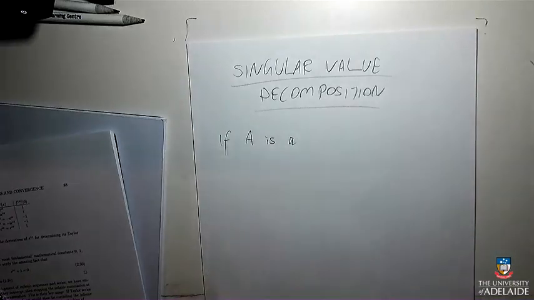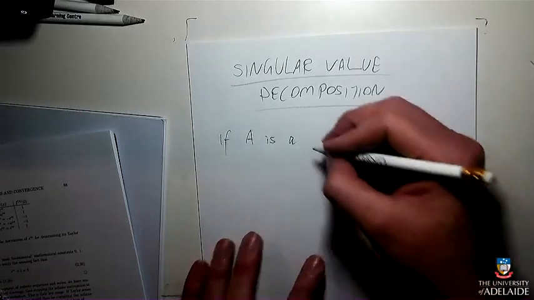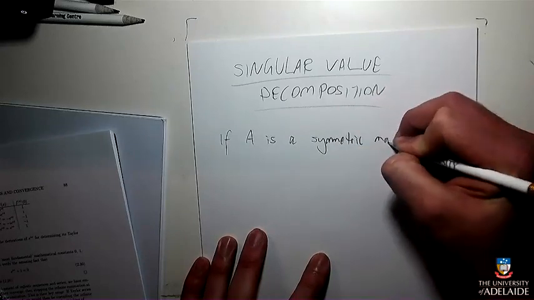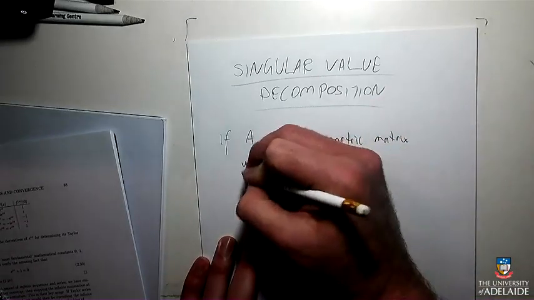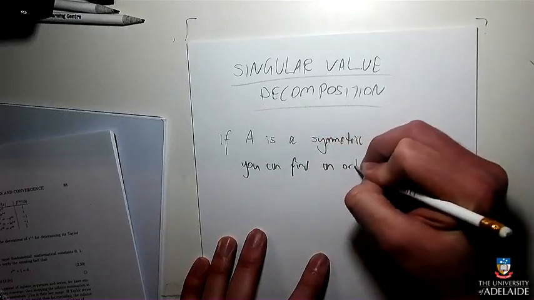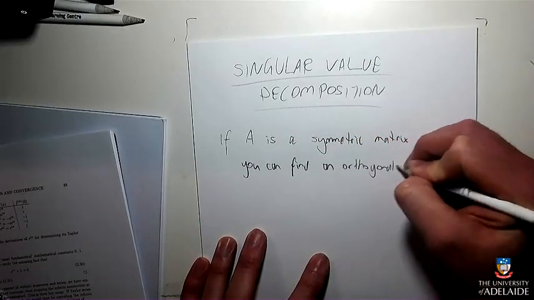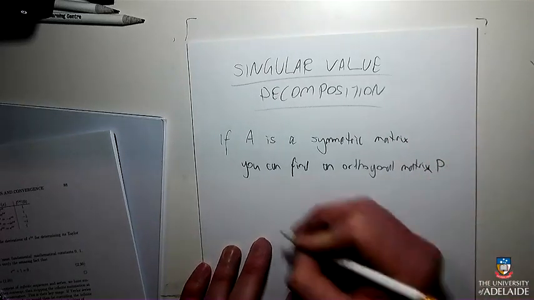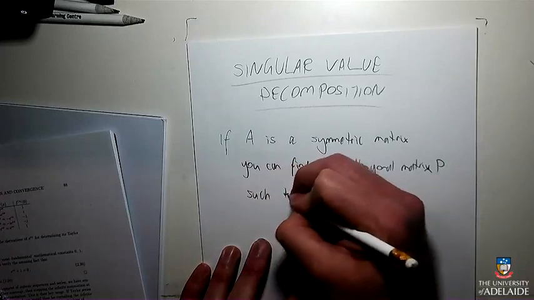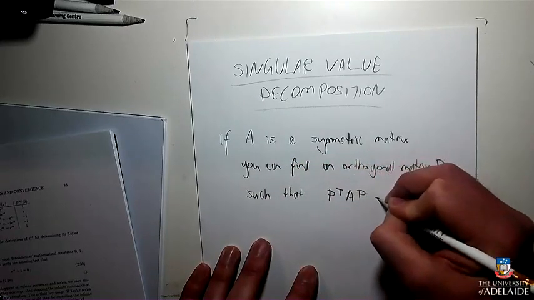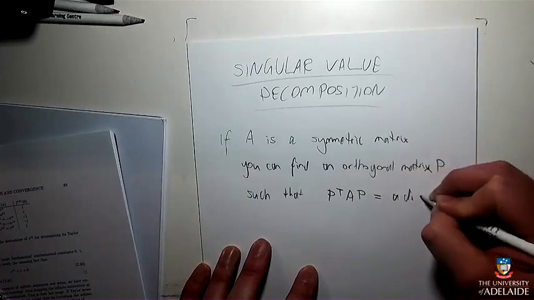So if the matrix A is a symmetric matrix, you can find an orthogonal matrix P such that P transpose AP is a diagonal matrix.